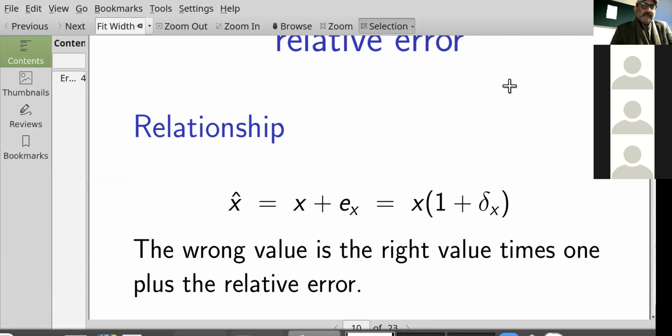So the wrong value is equal to the right value times 1 plus the relative error. We use that a lot. Oftentimes in our calculations, we will replace the approximate value x hat by x times 1 plus delta x.